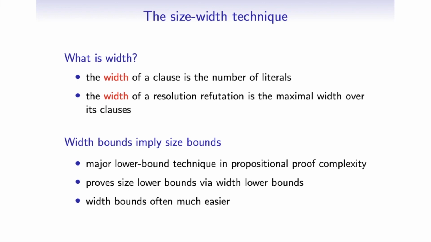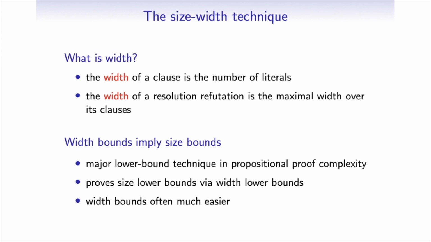Now, the size-width technique is probably the celebrated technique in propositional proof complexity, and it allows you to prove a size lower bound via a width lower bound. So you've got some formulas. You want to prove that they're hard in resolution, let's say. They require large resolution refutations.